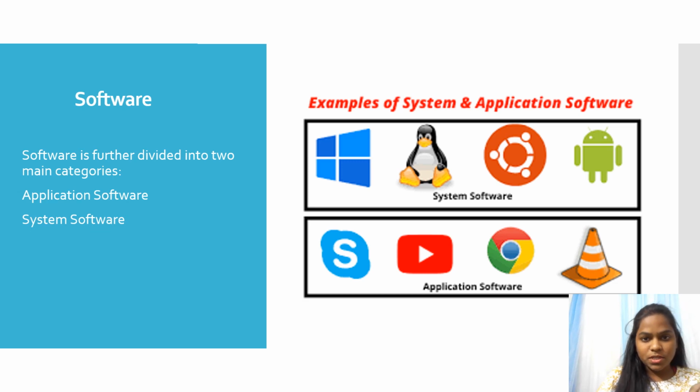An internet browser like Google Chrome is also an example, because it allows us to complete a specific task like conducting a Google search. Application software is designed to help the user complete tasks, like Microsoft Word, which helps us write documents. And the next one is system software.